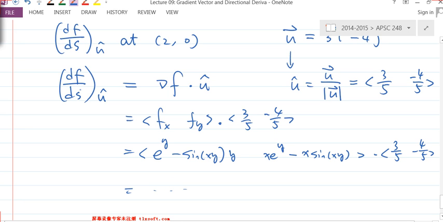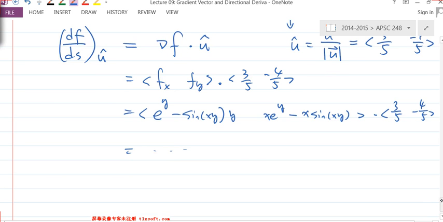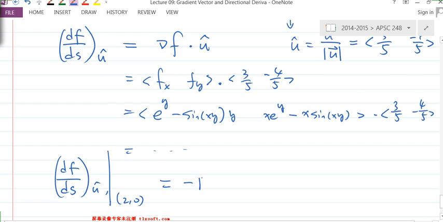So you're supposed to get df ds u hat at this 2, 0 location, negative 1. Okay? Negative 1.